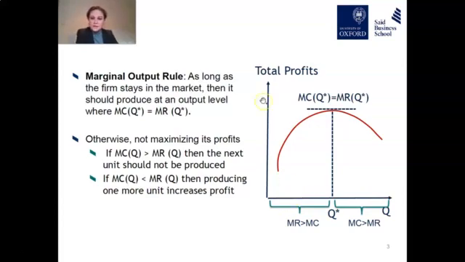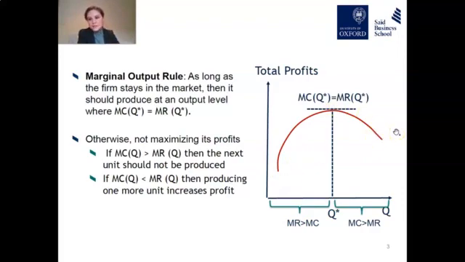So basically, I asked the analyst to calculate the profits that I could earn under different price and quantity combinations. And then, to make it easy for me to process all that information, they plot it on a figure, on a graph.